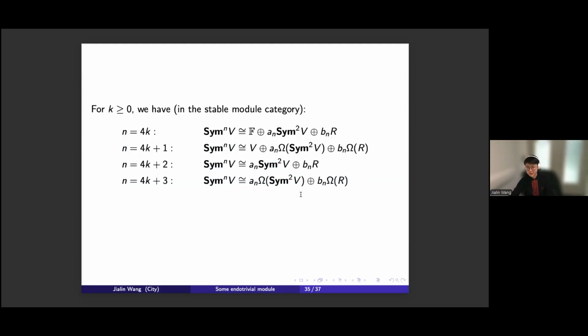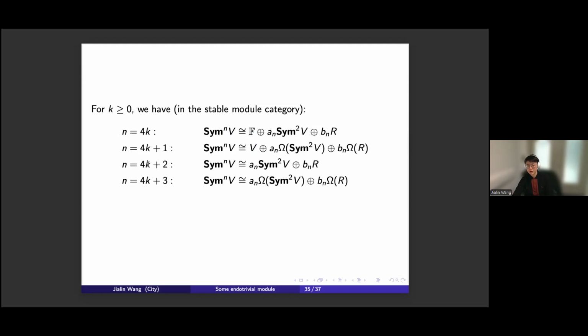And then we know explicitly what appears in each n-th symmetric power. So over here, when you have 4k and 4k plus 1, you will get a unique copy of V, or a unique copy of F.